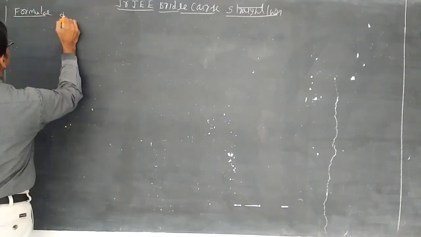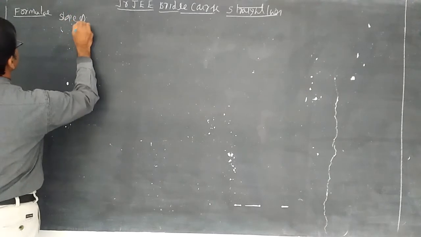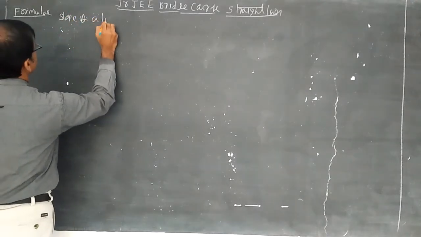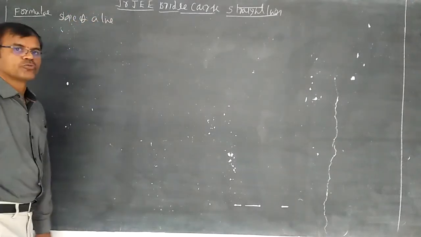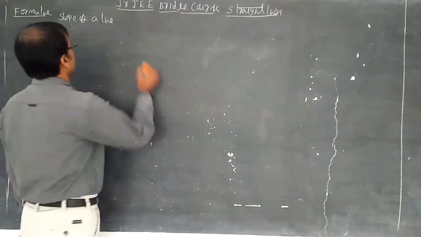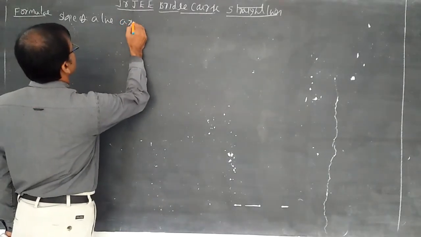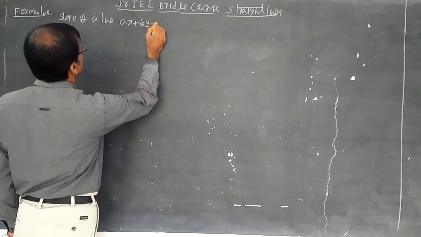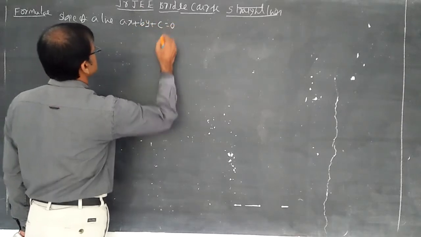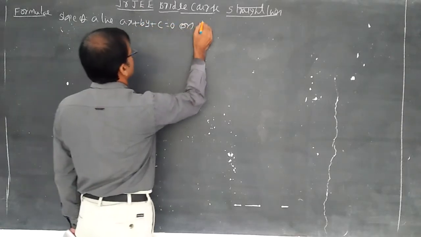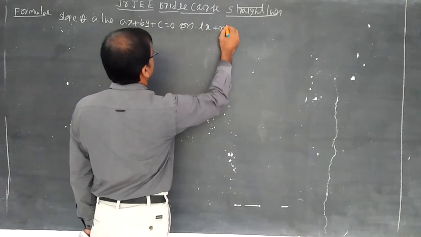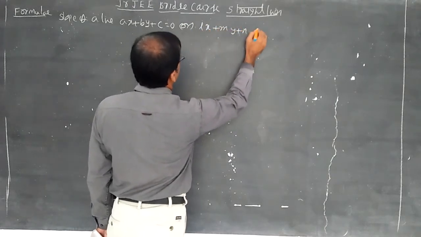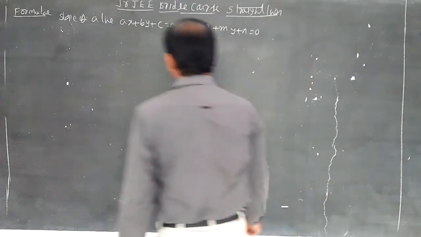Formulae, I think you know that slope of a line, slope of 2 points we discussed. Now slope of a line ax plus by plus c is equal to 0 or lx plus my plus n equal to 0. Already we have learned, you know that.